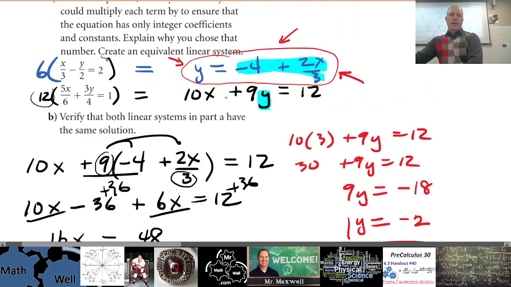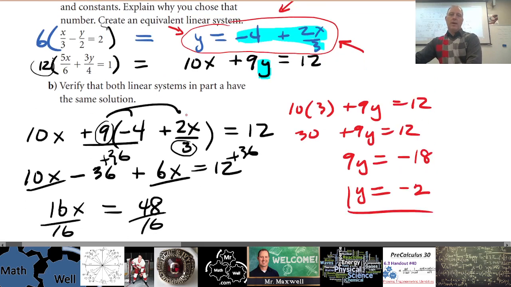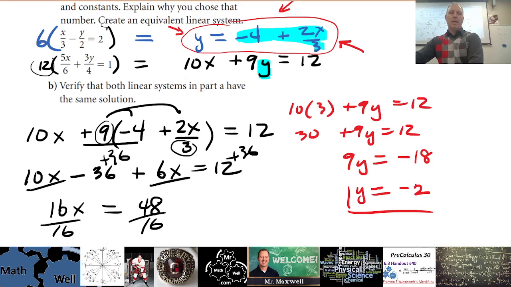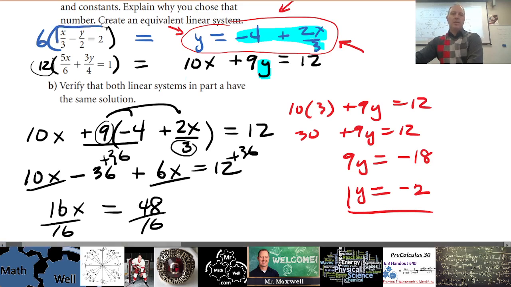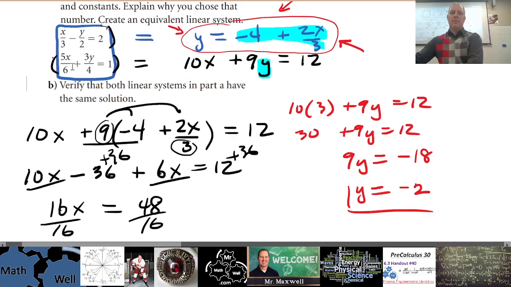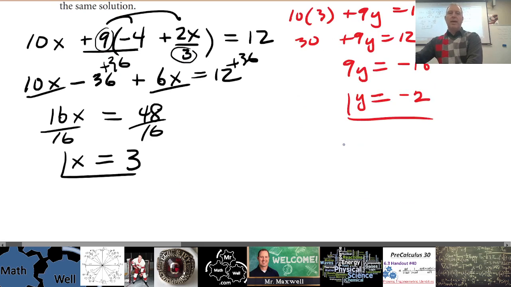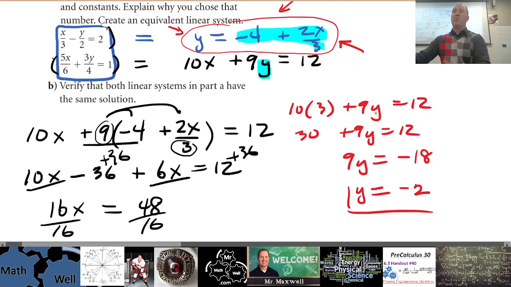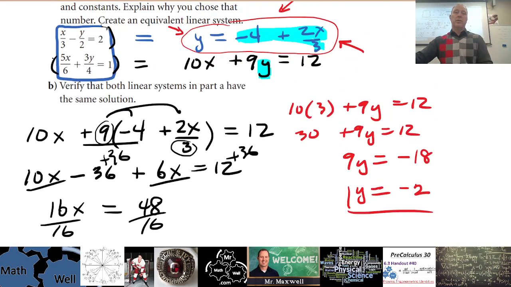All right, verify that both linear systems, in part A, have the same solution. Okay, so that part here, and I'll do that real quickly, but I would have to now go back to the original equations before I multiplied them out and changed them around, and I would plug in my values of 3 and negative 2, and I would make sure that those values work in both of those equations.